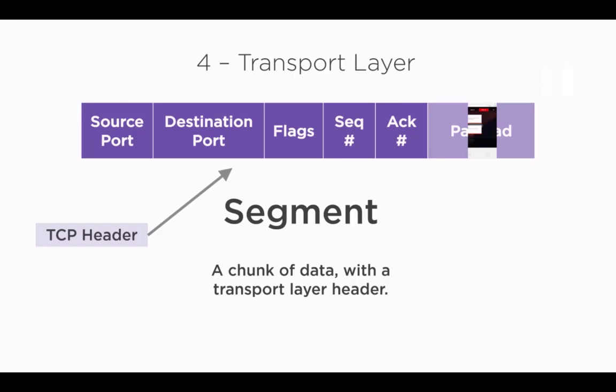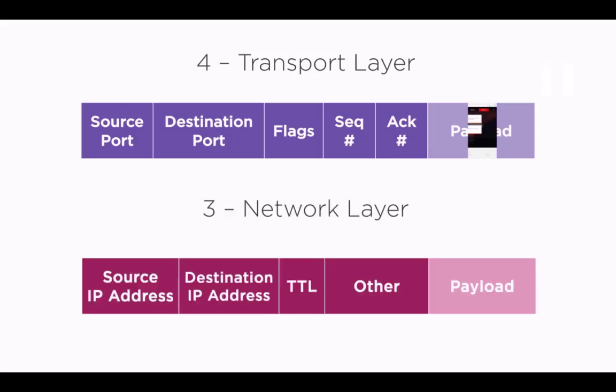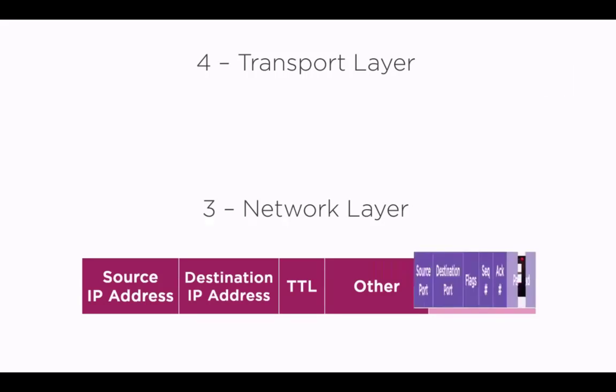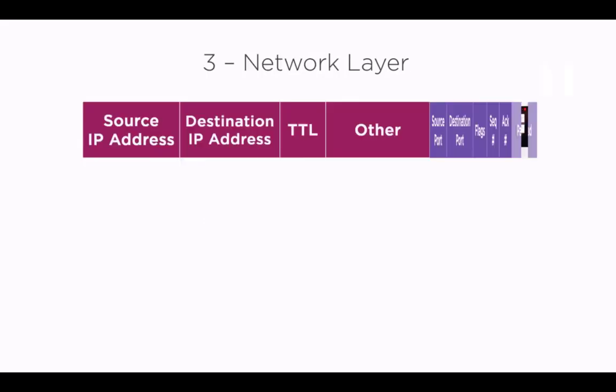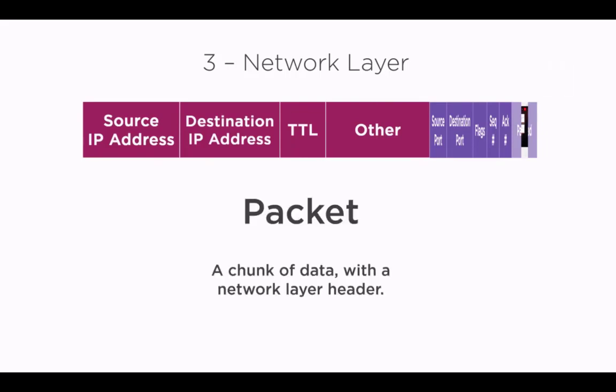The transport layer hands over its data to the next layer, which is the network layer. As you can see, the transport layer data now moves into the payload of network layer 3. So I hand over my transport layer data to the network layer as a payload, and now the data is on the network layer, which is layer 3 of the OSI model. Data on the network layer is called a packet. So what is a packet? A chunk of data with a network layer header is called a packet.